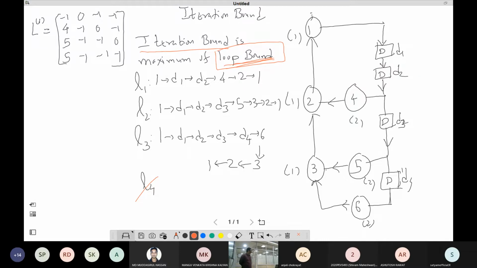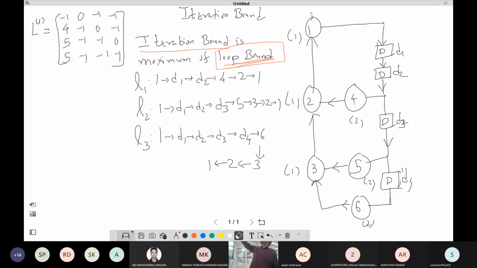For this particular DFG, is there any fourth loop? If there is, then you need to observe it. If you fail to do so, it may happen that you miss the largest delay, and that could be your iteration bound. So you need to identify the loops closely in this graph. So I believe these 3 loops are good enough.